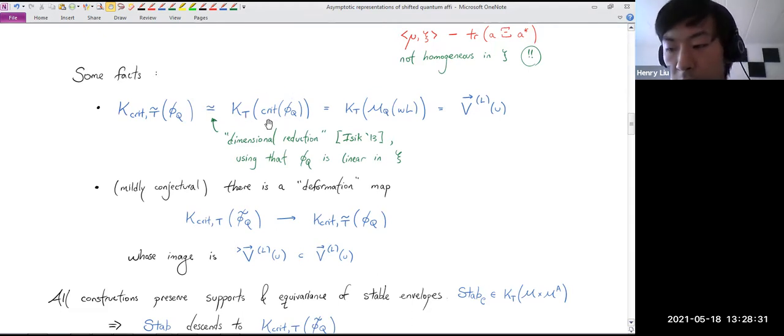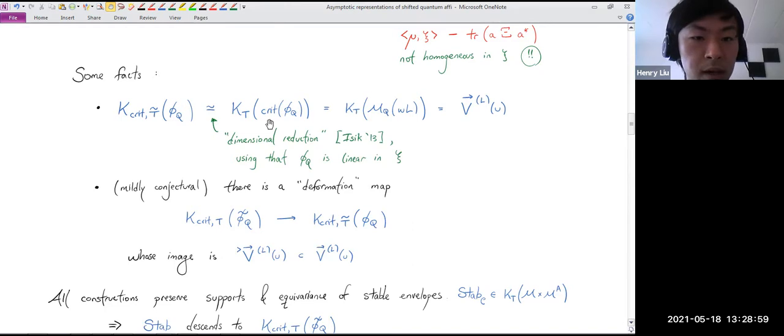And from what I said earlier about the singularity category capturing only invariants of the critical locus, that should not be super surprising. But actually, such an identification is not always true.